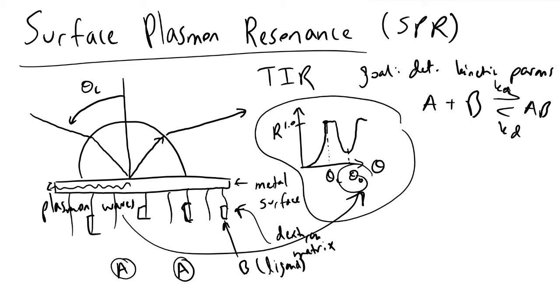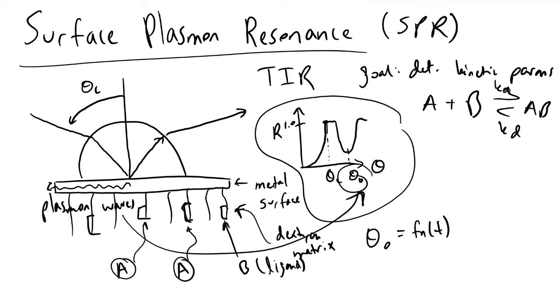What will happen over time is A will have some affinity for these ligands and will bind to it at a certain rate. As we are recording how theta naught is evolving over time, theta naught as a function of time, we will be able to have some understanding of the kinetics involved in this association or dissociation.